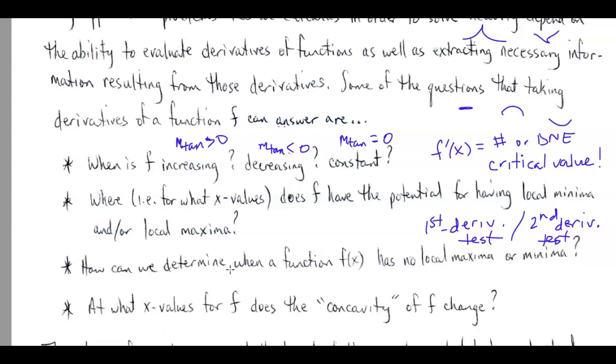The expectation is that the concavity will change for different intervals of x within the domain of our function, and we just need to figure out what those intervals are and when the concavity actually changes.